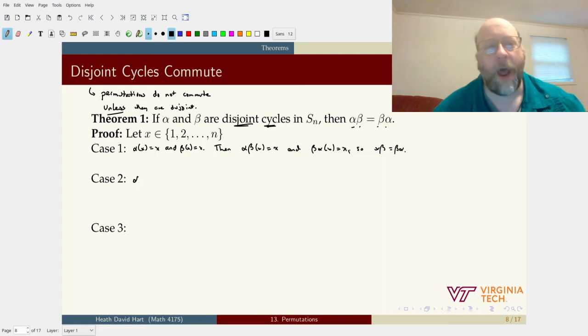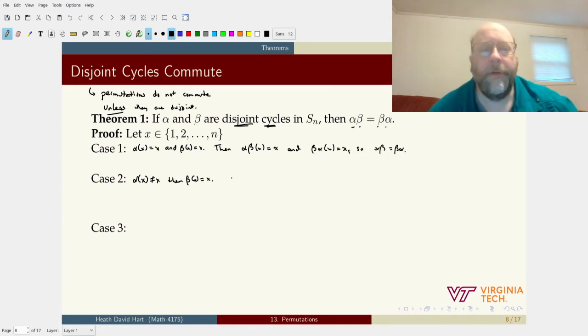In the case where alpha of x doesn't equal x, then we know that beta of x does equal x. Okay? And so, because that's what it means to be disjoint, that's the definition. If one of the functions does something with x, then the other function has to leave it alone.